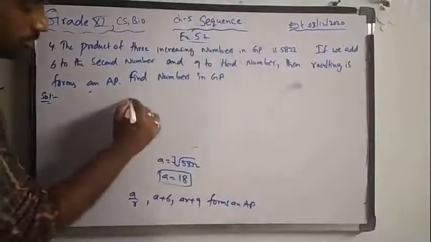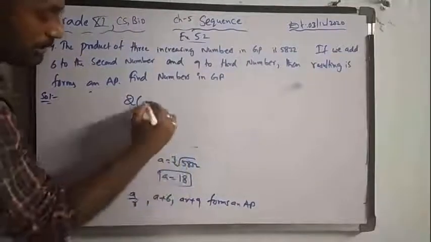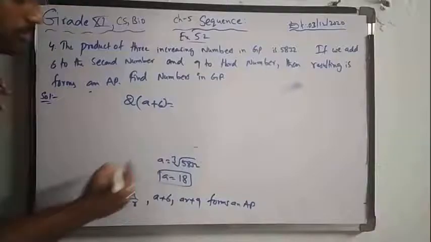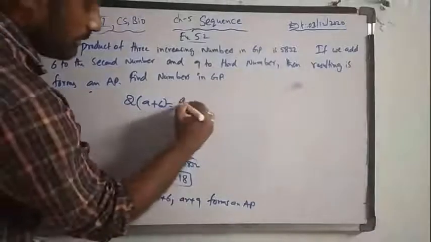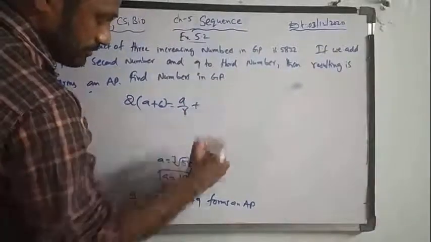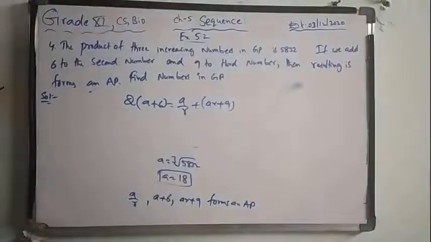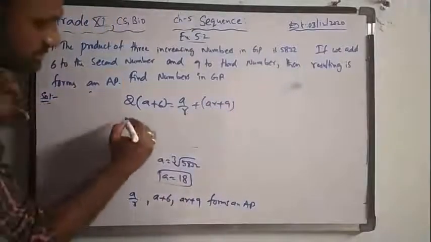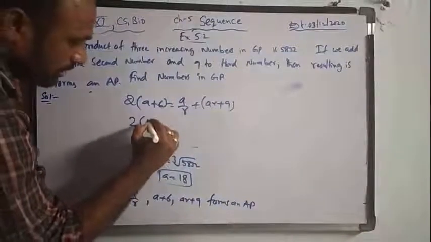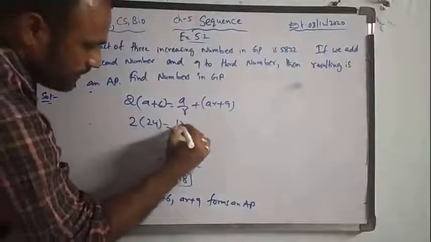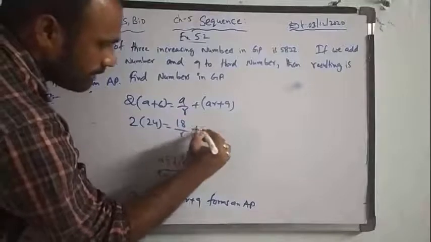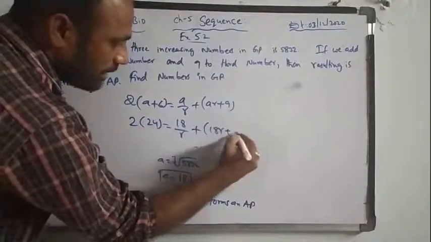That is 2 into a plus 6, equals a by r plus ar plus 9. The a value is 18, so let me substitute in this. 2 into 18 plus 6, which is 24, equals 18 by r plus 18r plus 9.